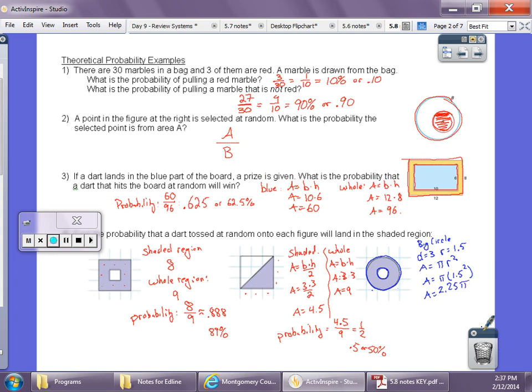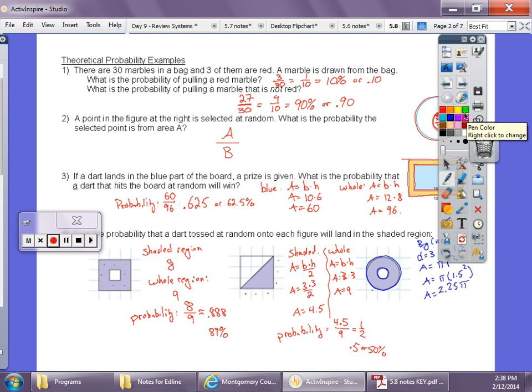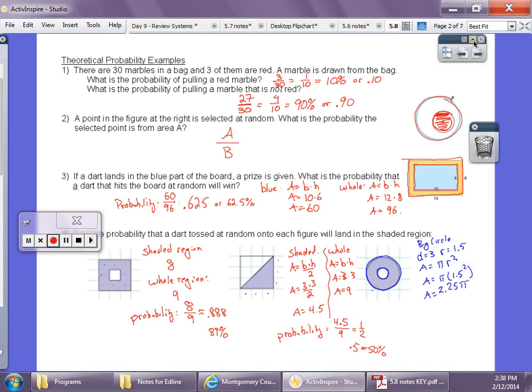Now the area of the small circle: this has a diameter of 1, so the radius is 0.5. The area equals pi times 0.5 squared, which gives us an area of 0.25 pi.